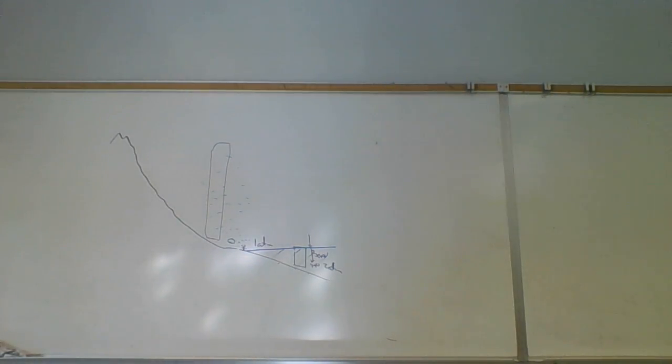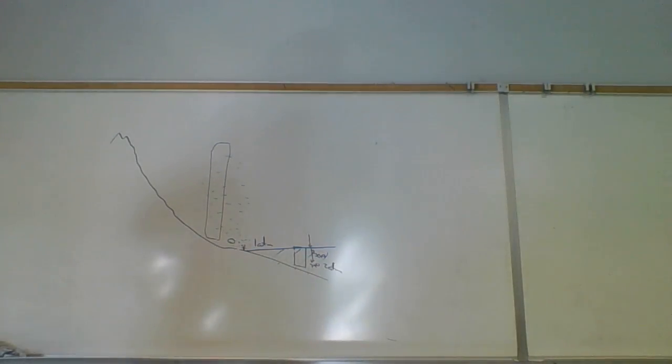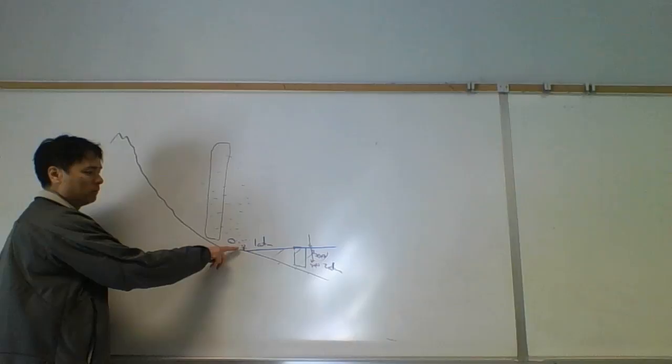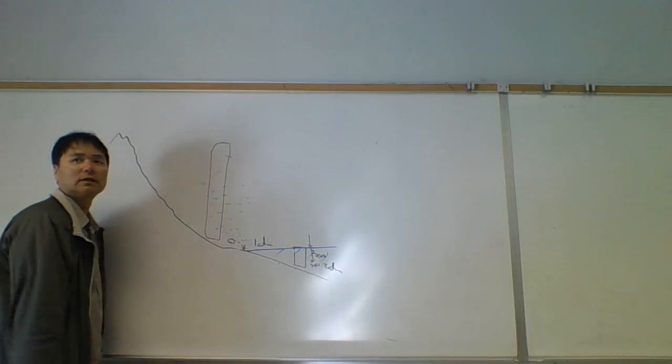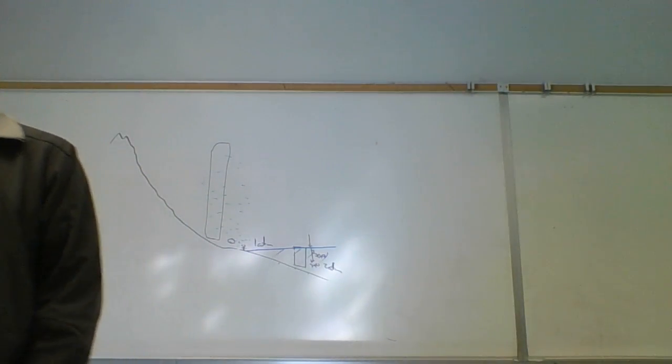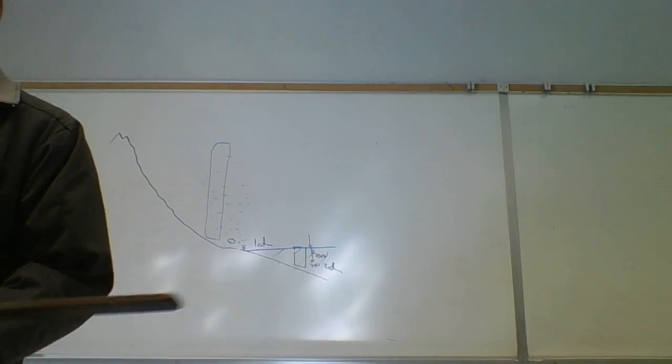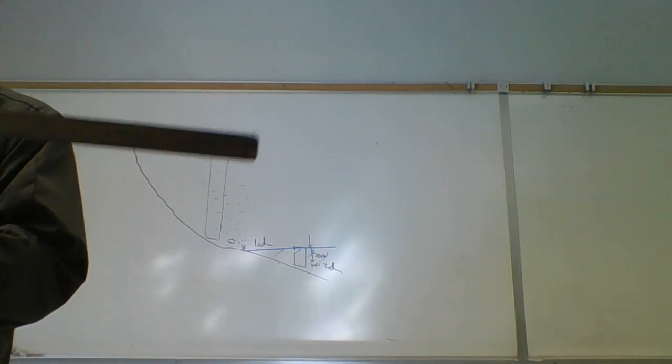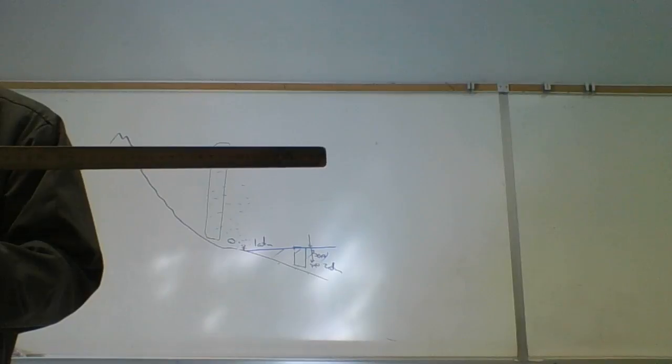All right, so let's take a look at this. Now, how do I measure the weight of the atmosphere here? You know how I measure weight? We use a triple beam balance. Can you measure the weight of the air with a triple beam balance?